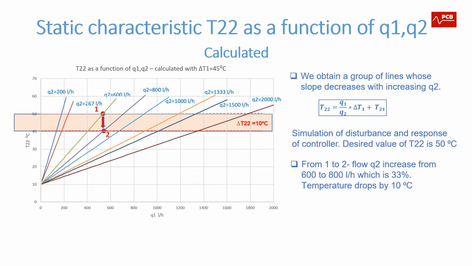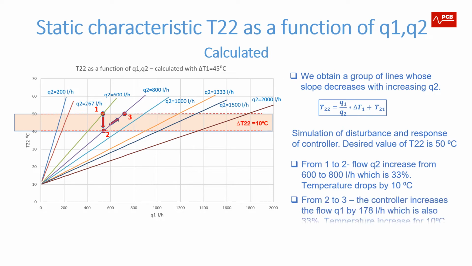This causes the temperature on the secondary side to fall by 10 degrees, from 50 to 40 degrees, and the controller reacts by increasing the output voltage and the flow, and tries to maintain the same temperature as before, so the desired temperature of 50 degrees. We see that for this change we need about 178 liters per hour, which means it is 33%.